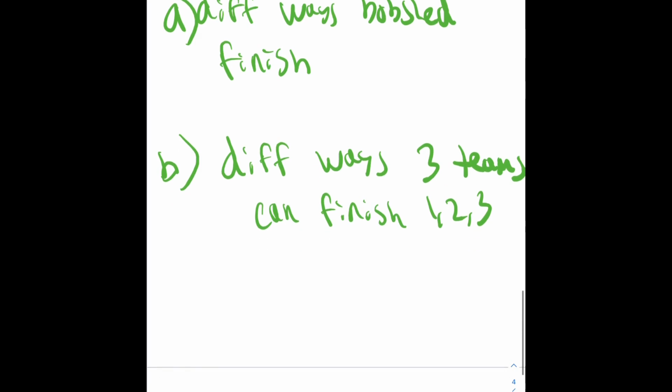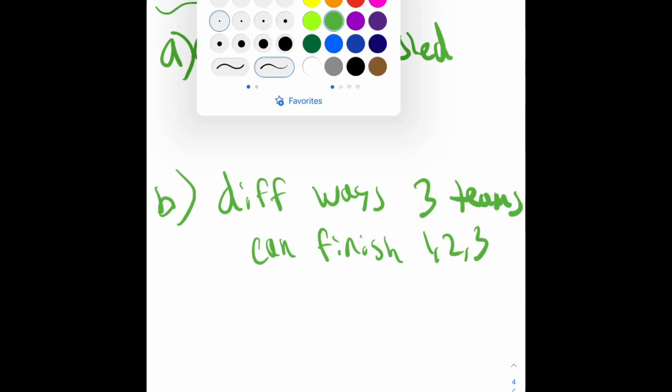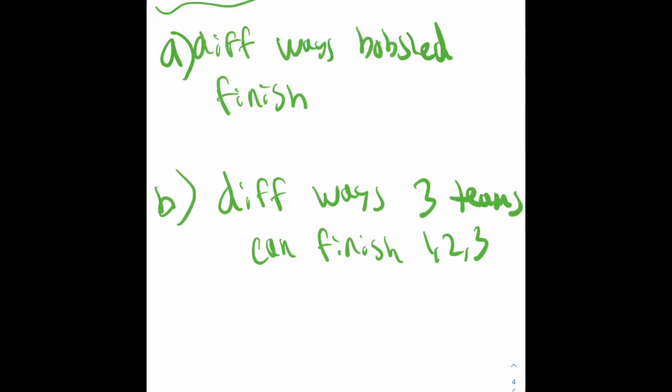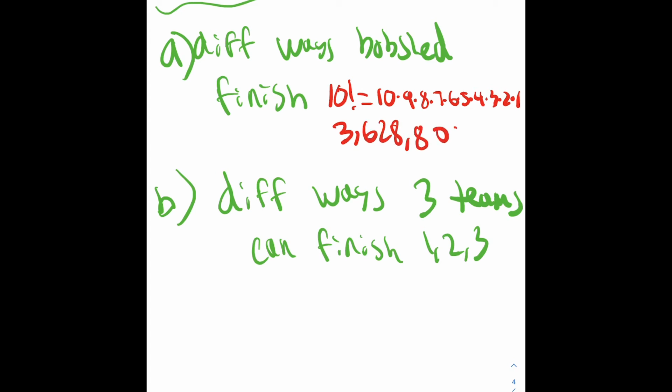So again, if we think about part A, if there are 10 total teams, I can use 10 factorial, or 10 times 9 times 8 times 7 and so on, to figure out the possible orders in which the teams can finish the competition. It's possible.